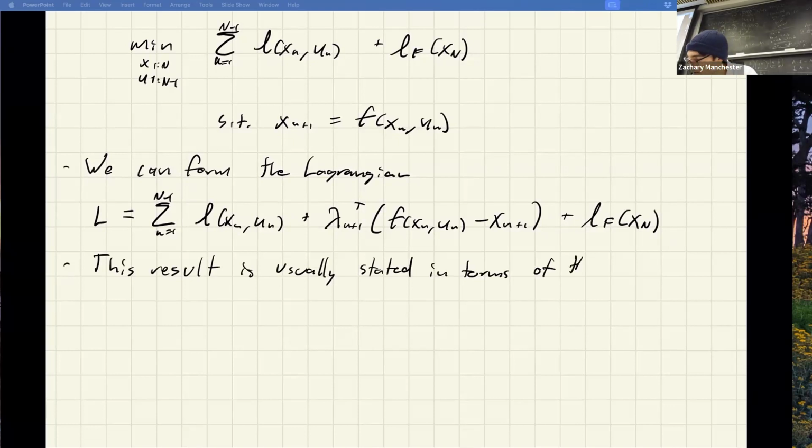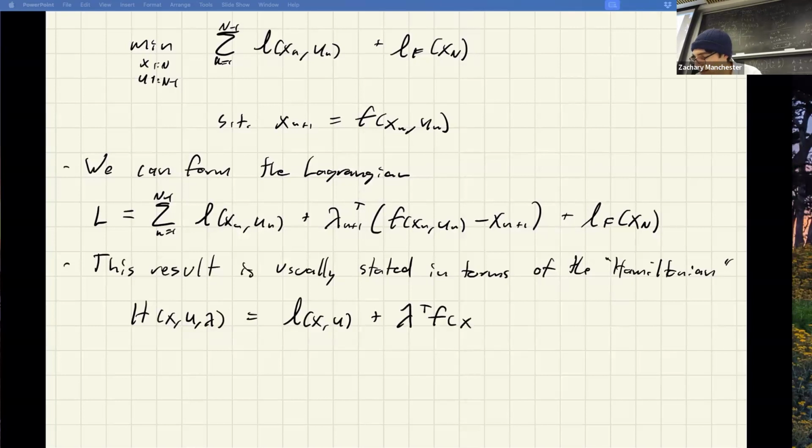We'll call this big H of x, u, and lambda. It's just our one-step stage cost plus the Lagrange multiplier times the dynamics. This is not a big deal. It's just shuffling things around, combining terms, and giving it a name.